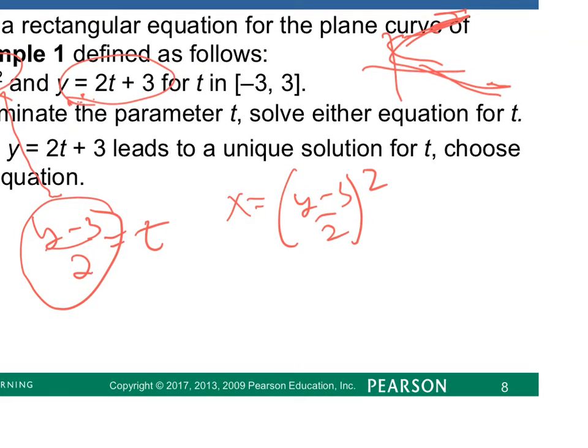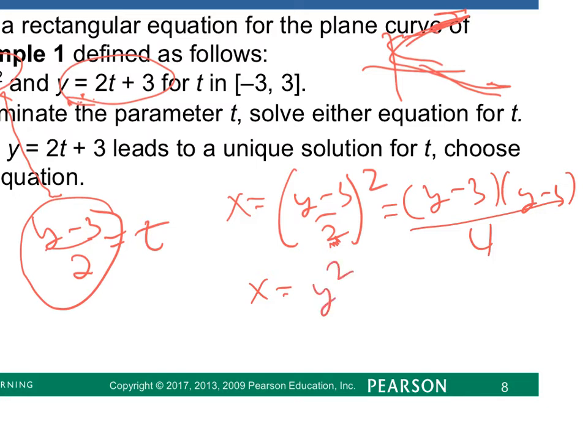There's no t's left in it. I've eliminated the parameter t. So I'll FOIL that out. That's going to be equal to y minus 3 times y minus 3 divided by 4, because 2 times 2 is 4. That turns into x equals y squared minus 6y plus 9.